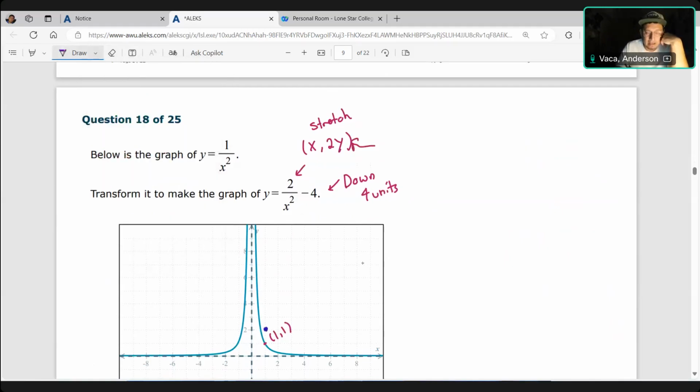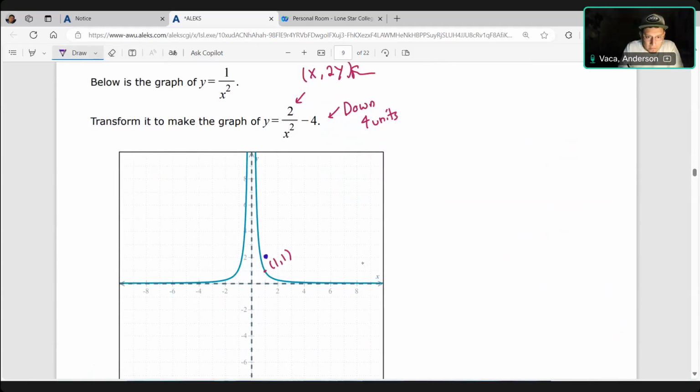So then you stretch the graph, and then you move it down 4 units. So 1, 2, 3, 4. All right, right here.